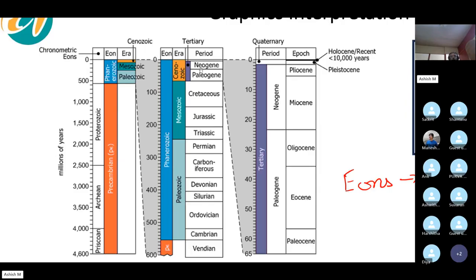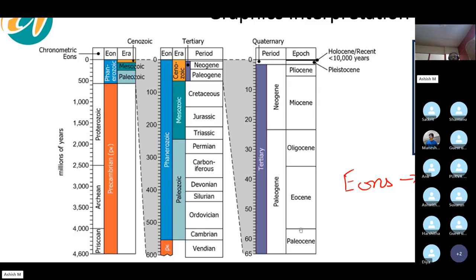Now this entire tertiary period is now magnified in the third graphic. So this period has been classified as, obviously notice, Paleogene and Neogene. So this is Paleogene and Neogene. And now these periods are further classified as epochs.